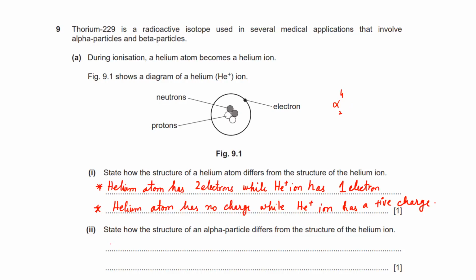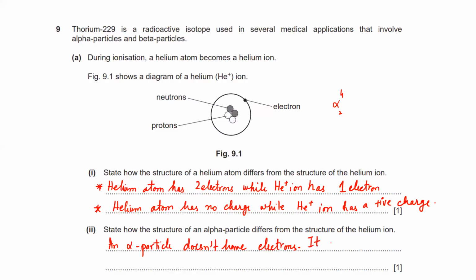So simply, an alpha particle doesn't have electrons.